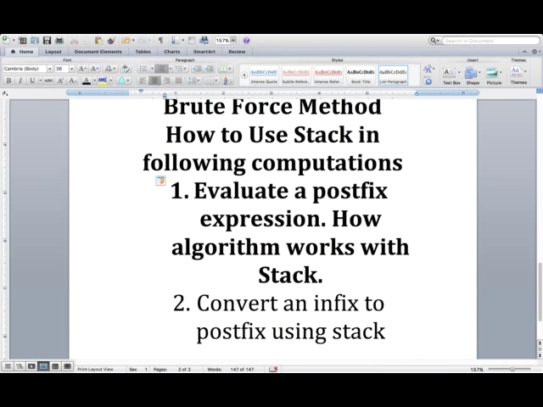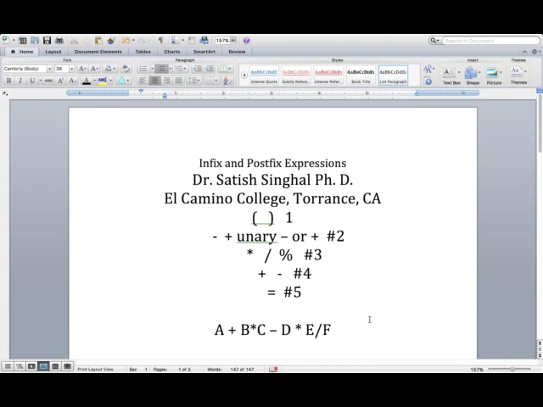Okay, those will be topic for next video. Maybe we'll have 3 of them, one just to do this one, another one just to do that. But this was only to kind of show you general idea of infix and postfix expressions and how to convert them back and forth.